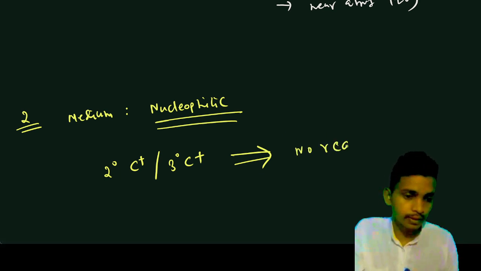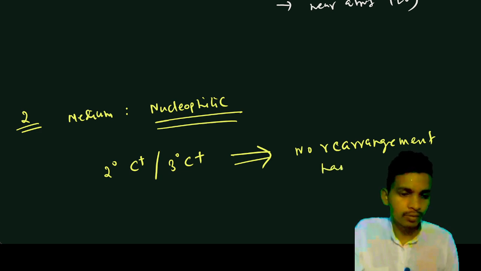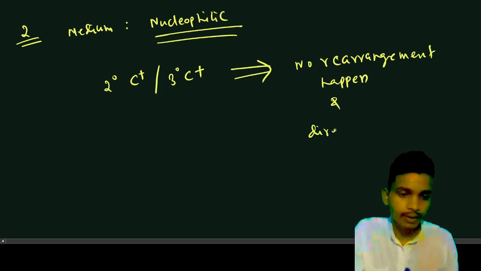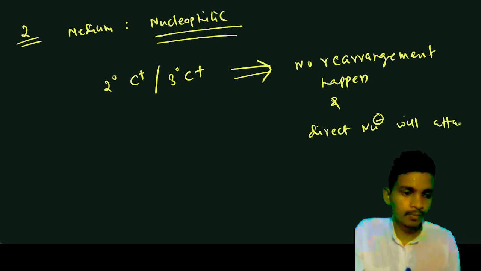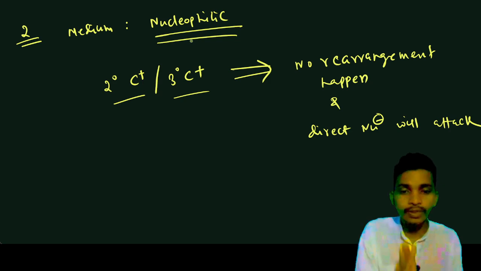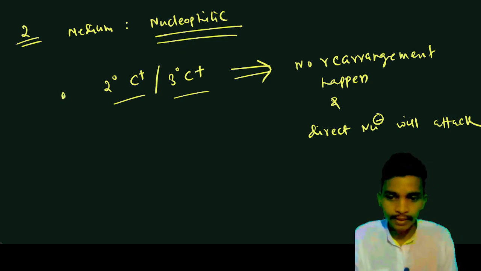Okay, no rearrangement will happen and the nucleophile will directly attack. If it is a 2-degree or 3-degree carbocation and the medium is nucleophilic, okay, and this is A.